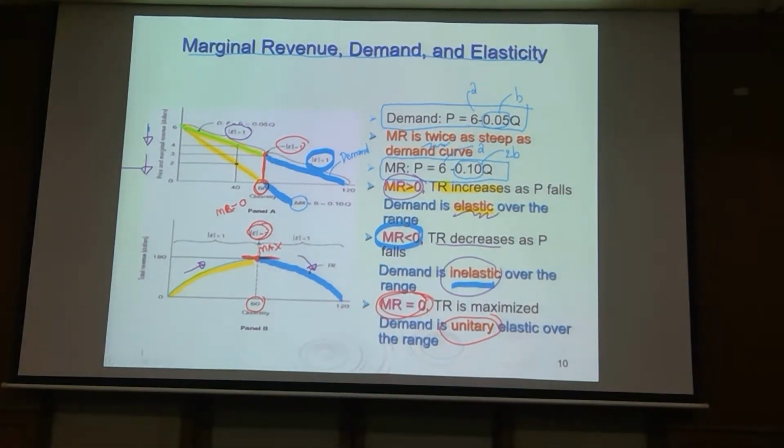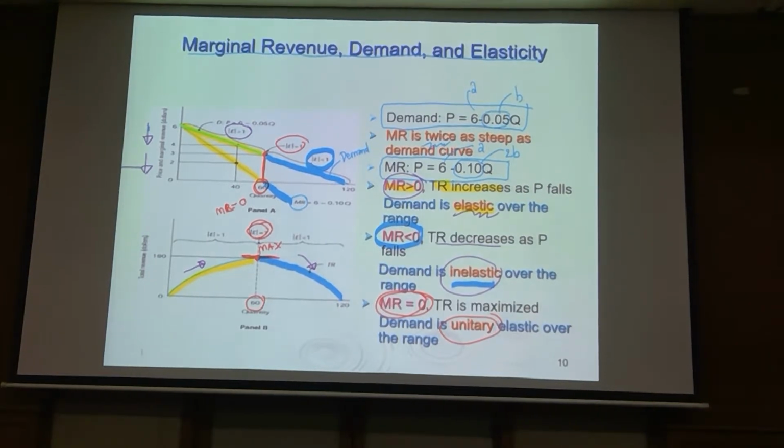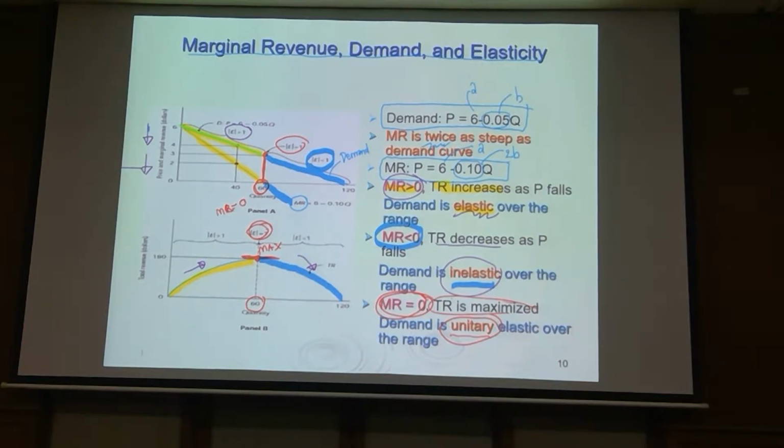Okay? So that is the relationship between them. Marginal revenue equal to zero, demand there is unit elastic. So that's where you find your revenue is maximized if you price in that price range. Okay?